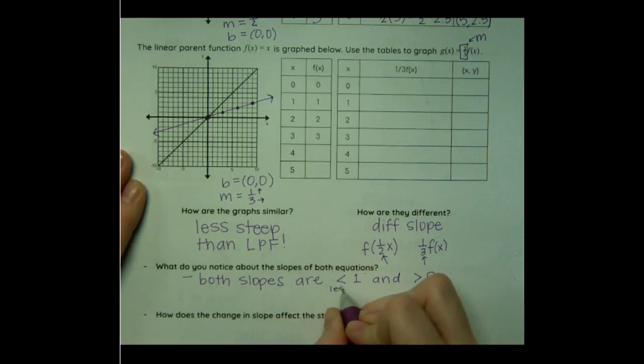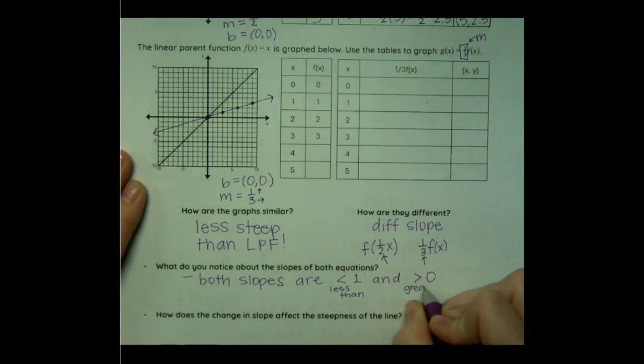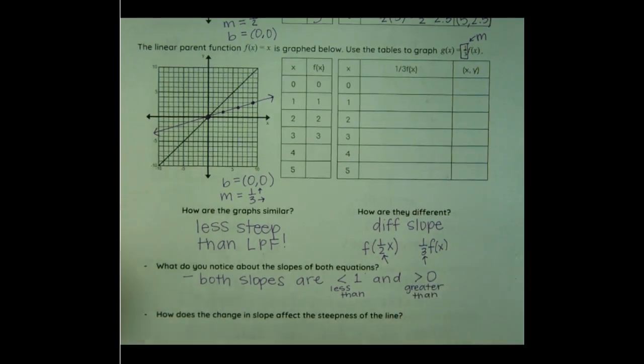So this is the less than symbol. This is the greater than. And the reason that's important is because negatives on the other side of the page are going to be something different. So we're going to use a negative for something else. But if you're just looking at the number of the slope, not the sign, we want to see if it's less than 1 and greater than 0.